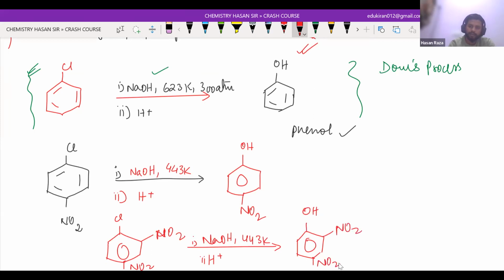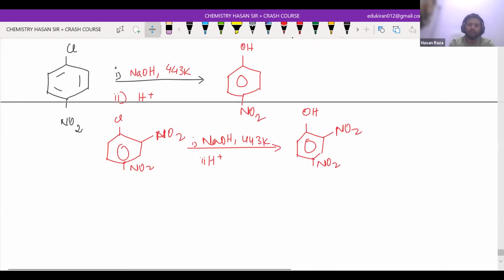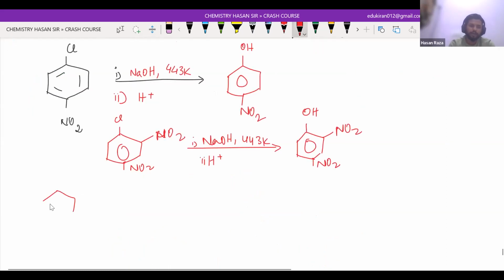And the last reaction is very important. That will be done only with the help of warm water, and that is NO2, NO2, not here. This is your meta position. Chlorine, NO2 at para and NO2 at ortho. So this will be very, very reactive.